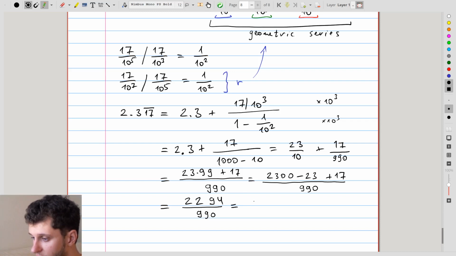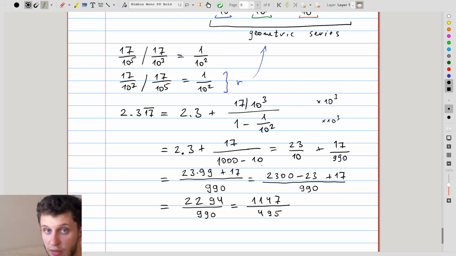So dividing through by 2 gives me 1147 in the numerator and 495 in the denominator. And this is incidentally an irreducible fraction.